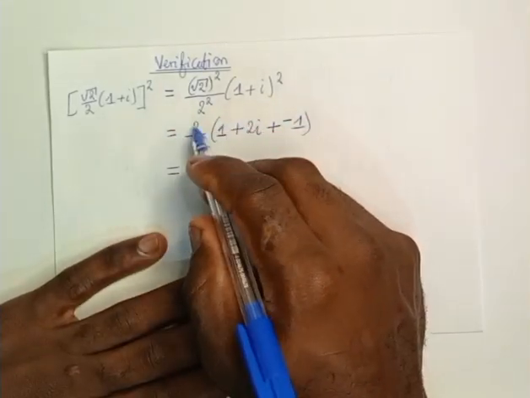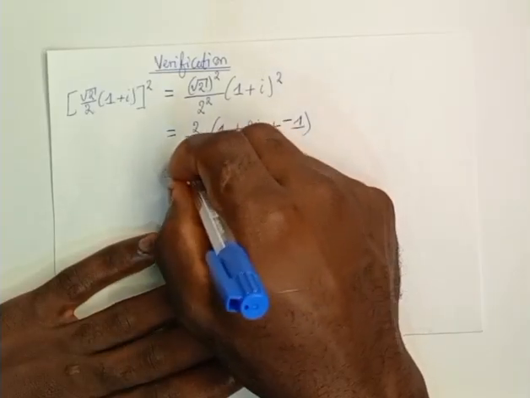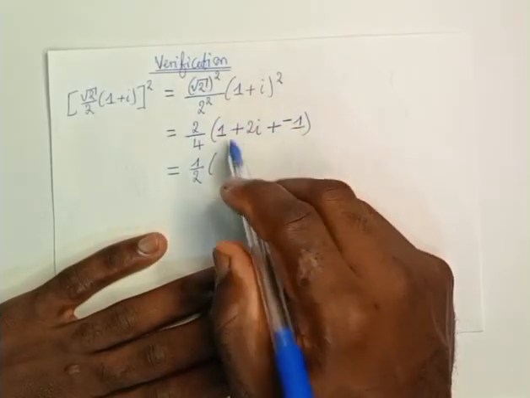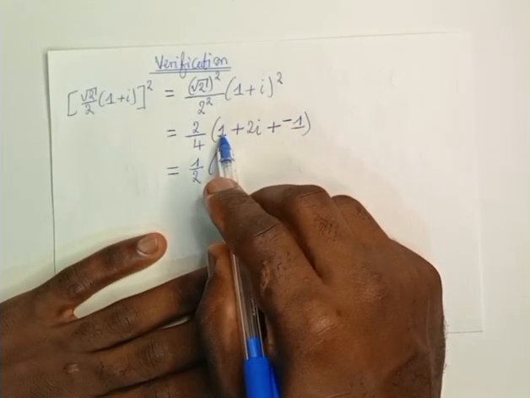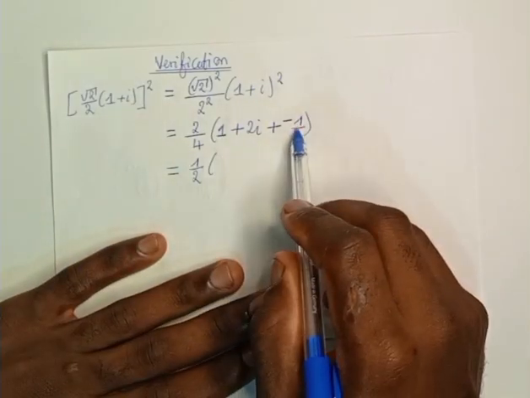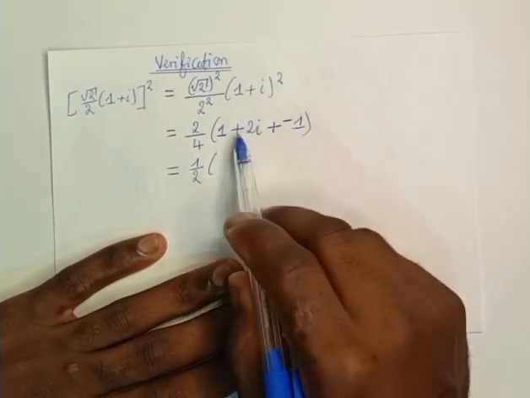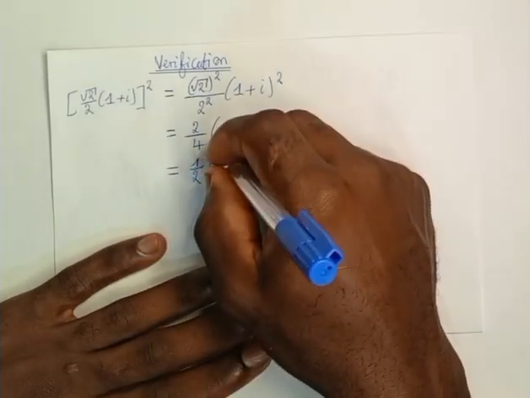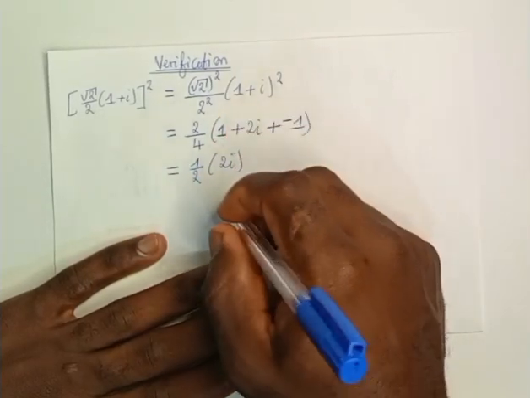This will simply be equal to 2 over 4 gives us a half times adding the real parts. 1 plus negative 1 gives 0. 0 plus 2i will be left with 2i.